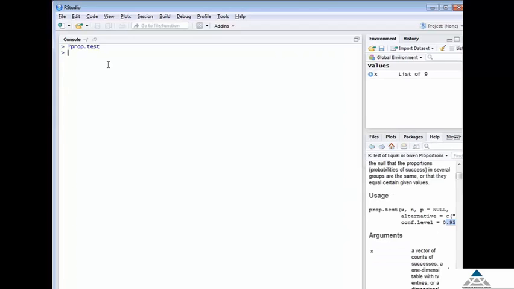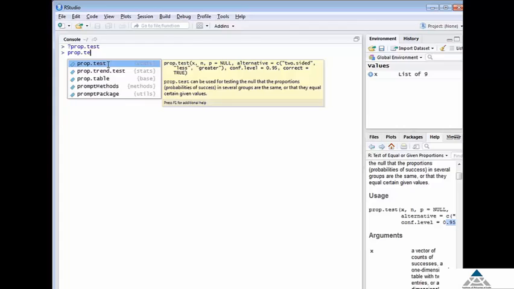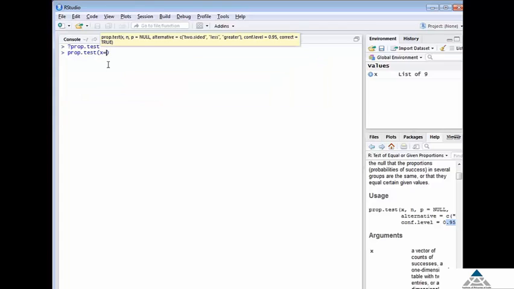Now we write prop.test. X is the value on which the test has to be conducted, which in our case is the number of policyholders. There are two values for it, 810 and 750 for both the groups. Next argument is the sample size for both the sets, which are 1000 each in this example.